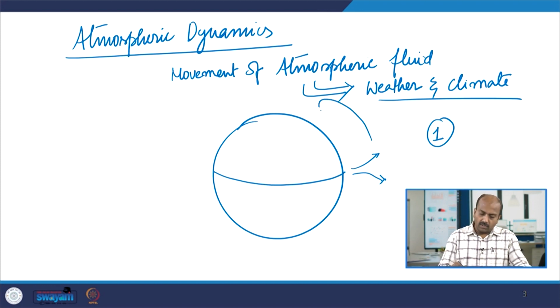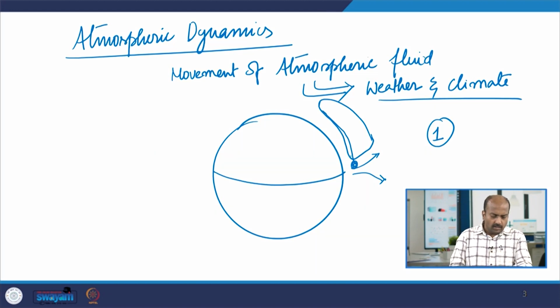So, this is the one cell circulation model. Air rises, the density becomes very low here. It goes towards the colder regions where density becomes much larger. It sinks towards the surface, and then in order to replace the air that is rising away from the surface, it moves towards the equator.